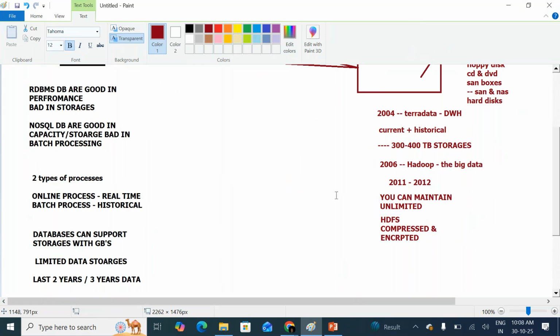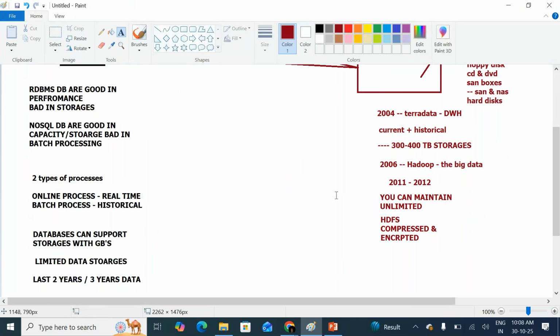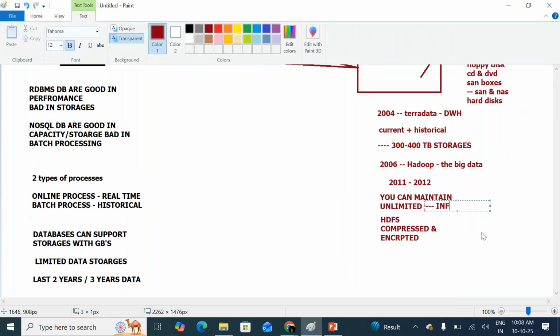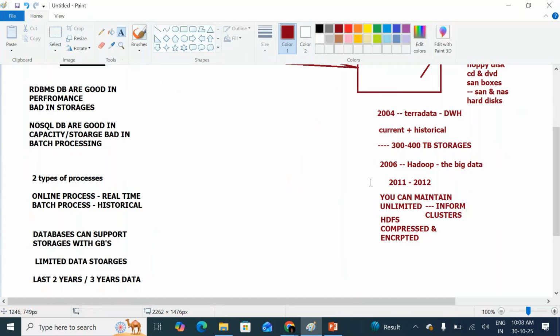These are the most important benefits we have. So first, unlimited storage capabilities in the form of clusters. Second, HDFS, and that too compressed and then encrypted.